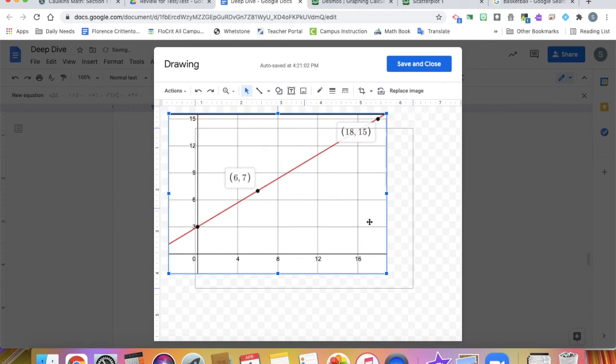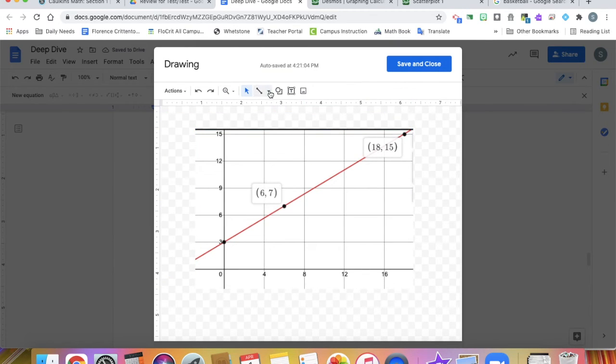However, for labels, they want you to label what the x-axis is about and what the y-axis is about. What was the x-axis about? This is a situation that involved how many days went by.